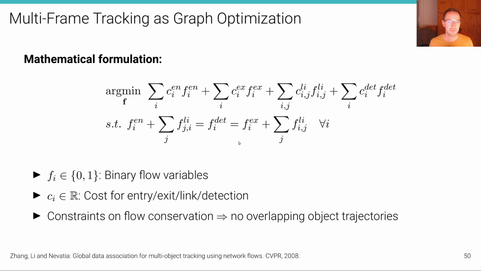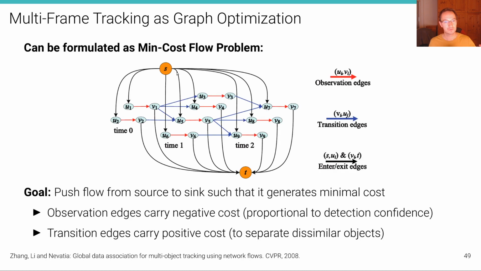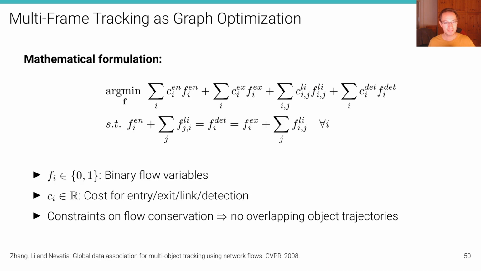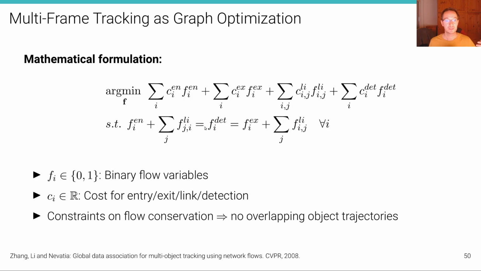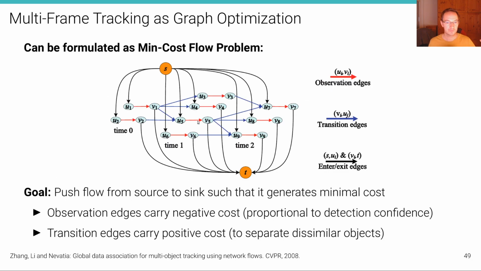And in addition, we have these constraints here, which are the flow conservation constraints, which ensure that there are no overlapping object trajectories. This is what I just mentioned. The flow that's entering a node, which can be 0 or 1, plus all the flow that's coming in from previous nodes, must be the same as the flow that's going through that detection.